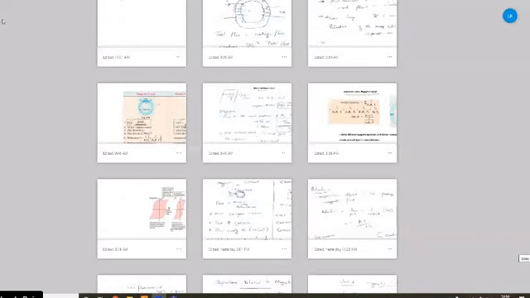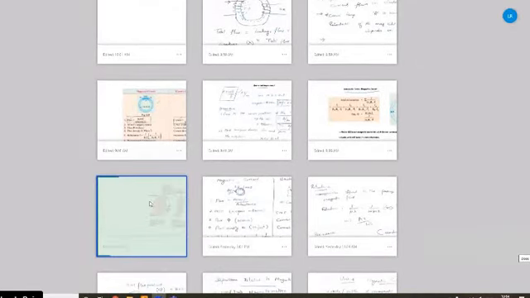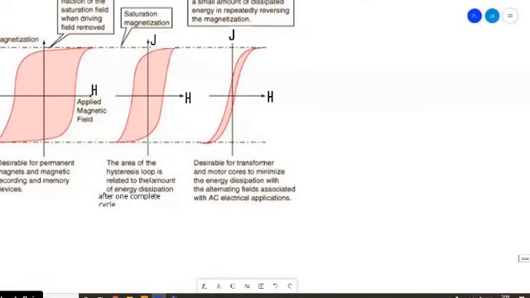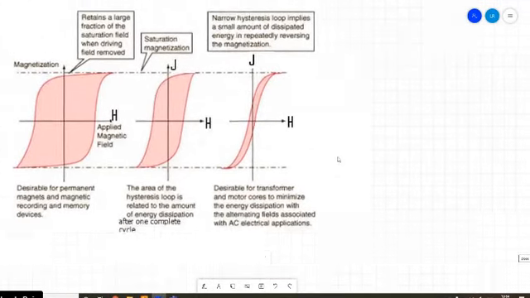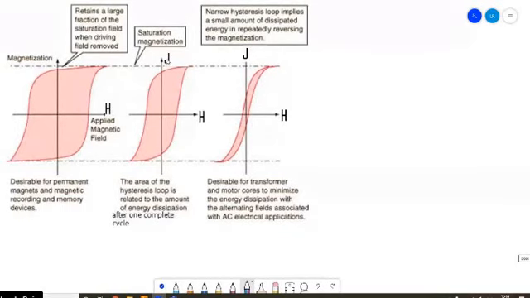And let us see a couple of examples of how the BH curve appears for different materials. Here you have a very broad BH curve.